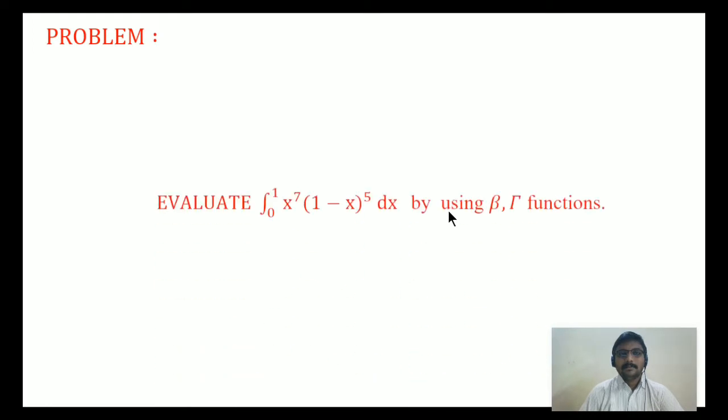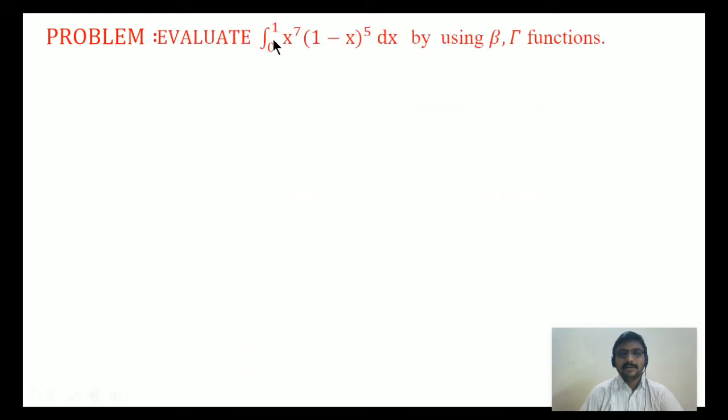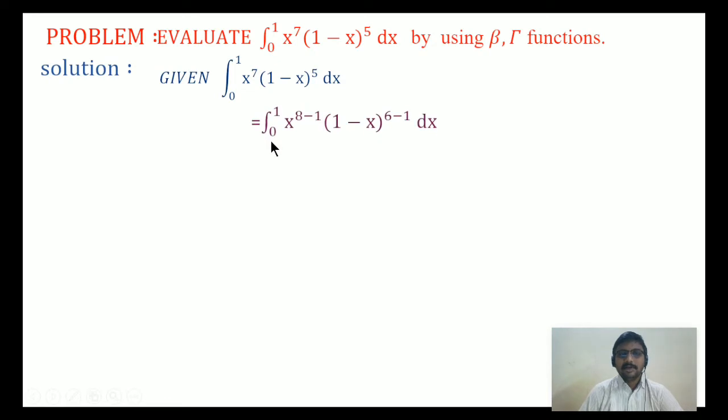Problem: evaluate the integral from 0 to 1 of x power 7 into 1 minus x whole power 5 dx by using beta and gamma functions. Solution: given the integral from 0 to 1 of x power 7, 1 minus x whole power 5 dx, 7 can be written as 8 minus 1, 5 can be written as 6 minus 1.